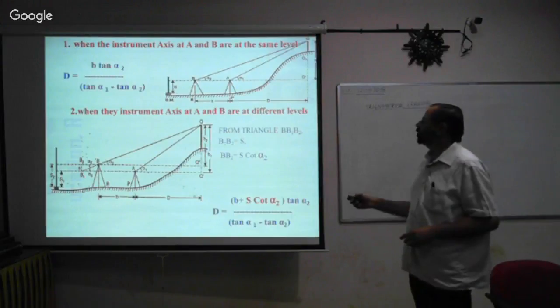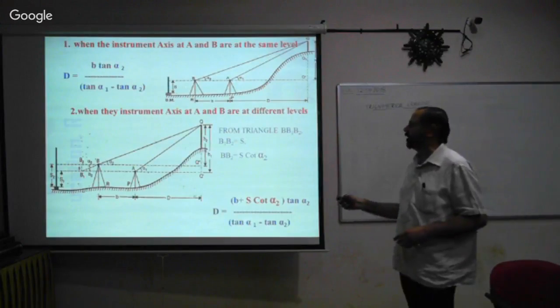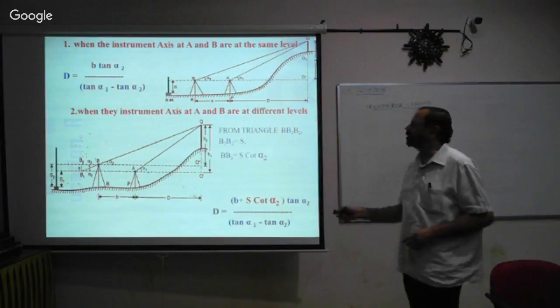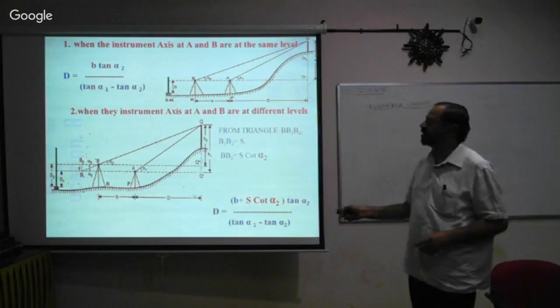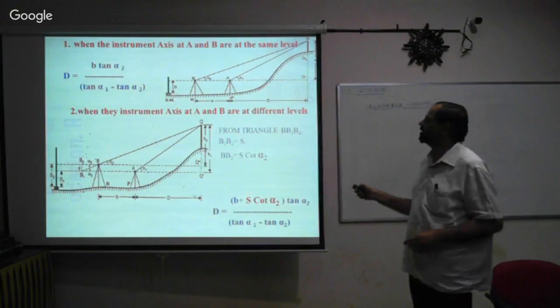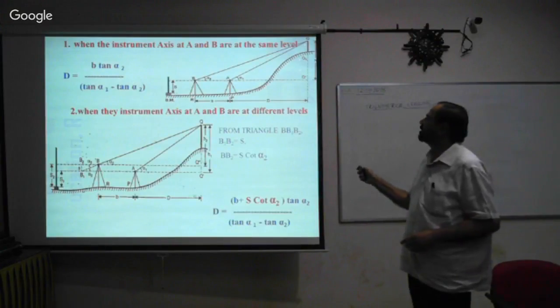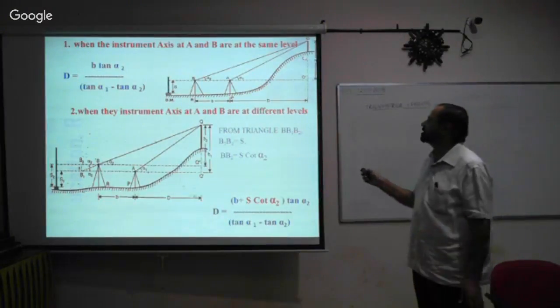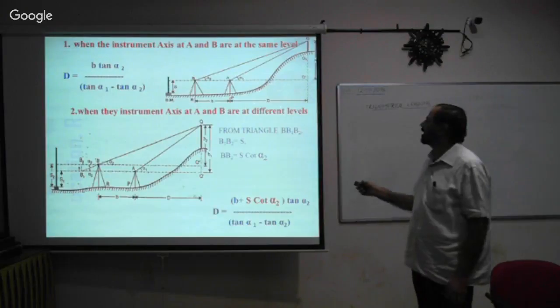Now, both instrument axes at both instrument stations are at the same level, and in the other case at different levels. This is the related equation derived from this diagram. Considering this triangle, h is the height of the object above the instrument axis, so h is equal to d tan alpha 1.